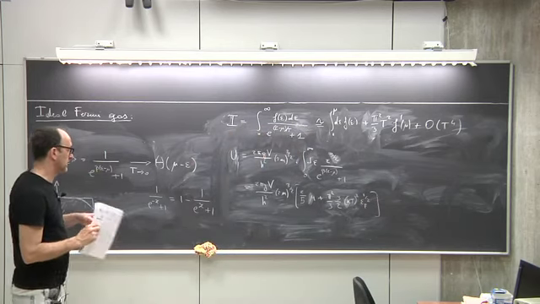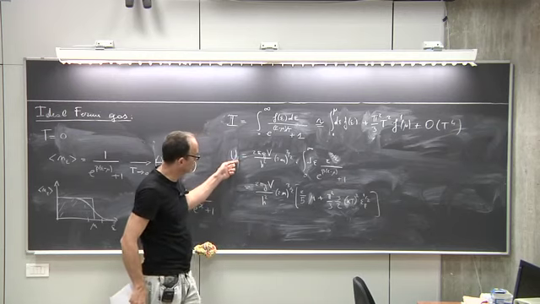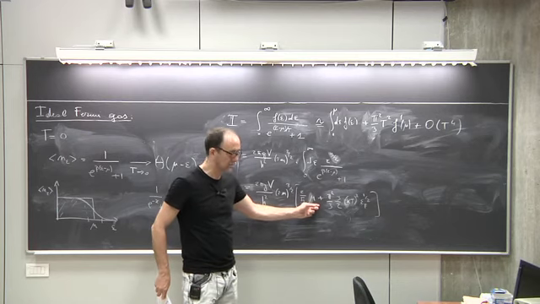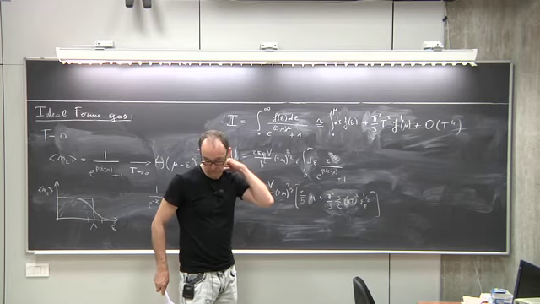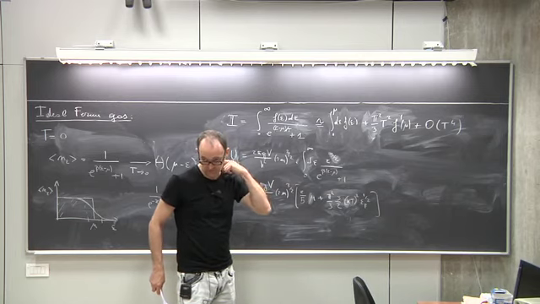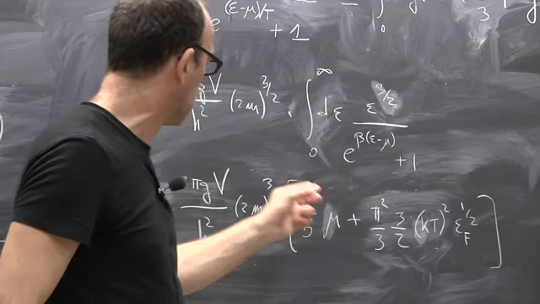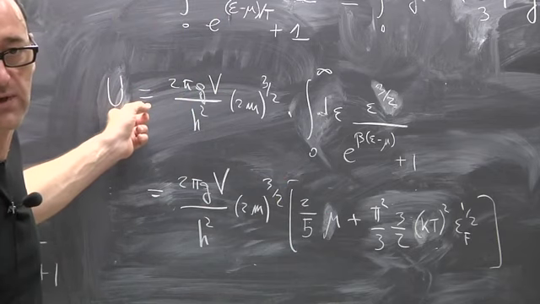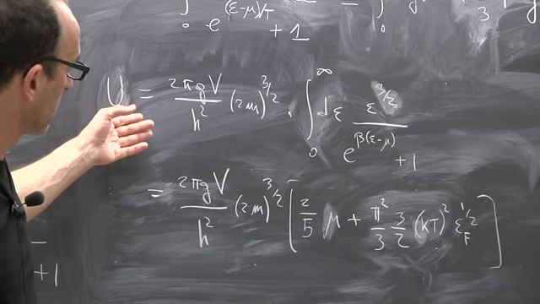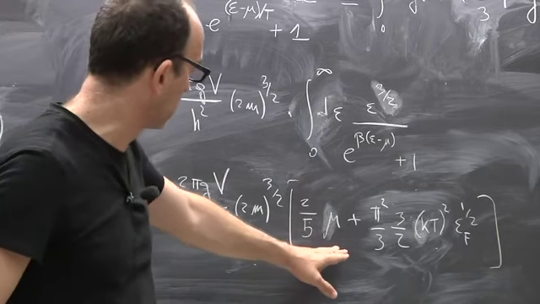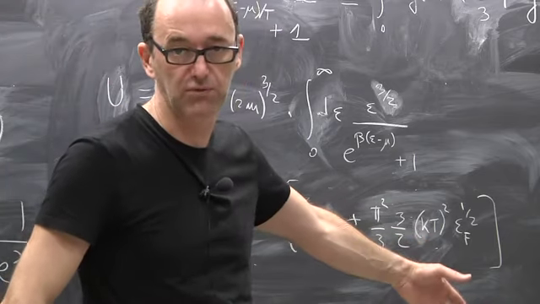The important point which I want to stress is that now you can express the chemical potential as a function of n, volume and temperature using the equation which I wrote before. And this gives you the energy as a function of n, temperature, and volume. So the corrections to the energy are proportional to kT divided by epsilon f squared.